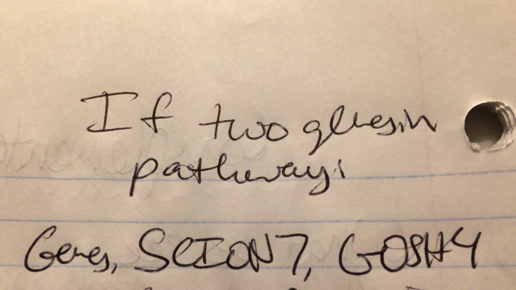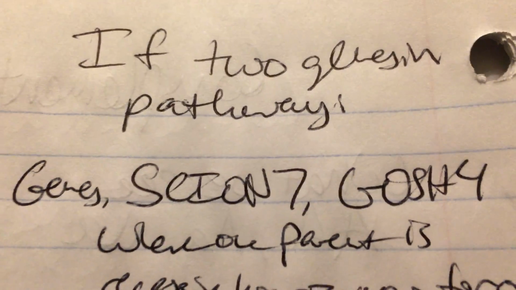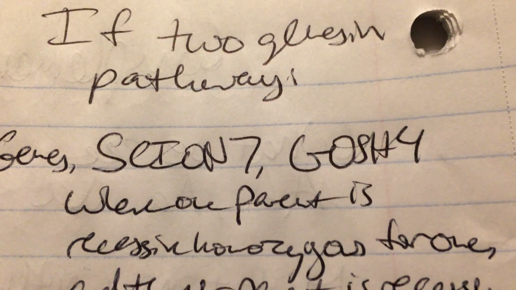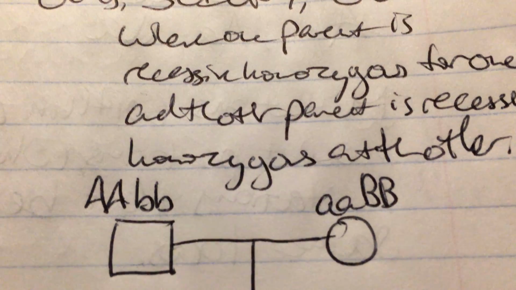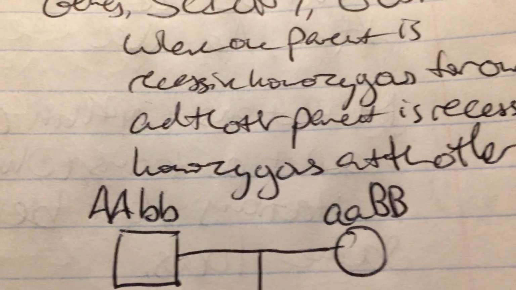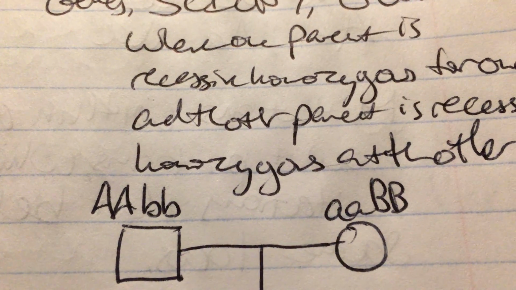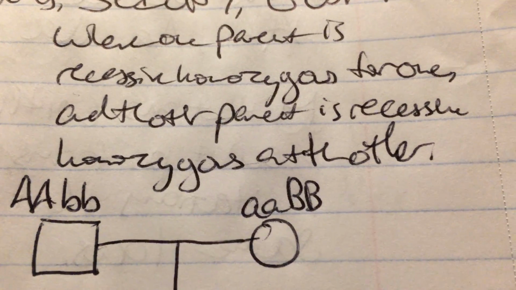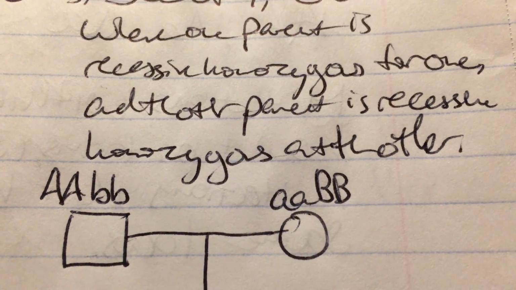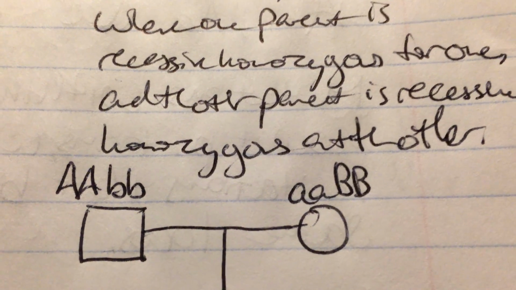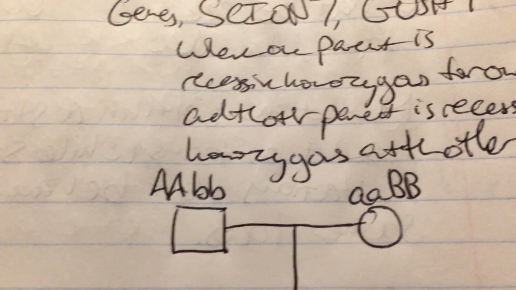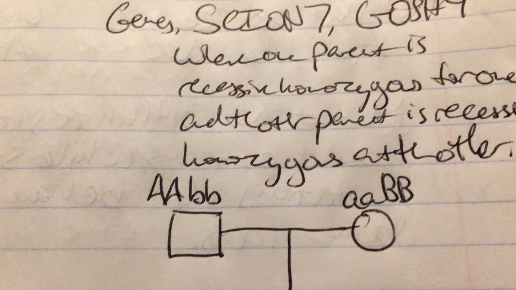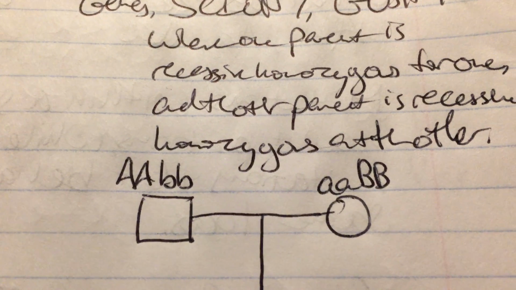If there are two genes within the pathway to white hair, Scion7 and GOSH4, where one parent is recessive homozygous for one and the other parent is recessive homozygous at the other, where the father is capital A, lowercase b, and the mother is lowercase a, capital B. Both of these parents have a homozygous recessive allele at one of the genes within this pathway and therefore exhibit the mutant white phenotype.